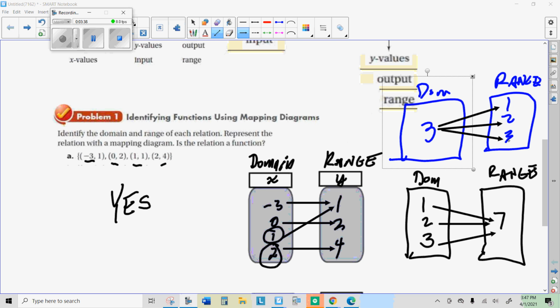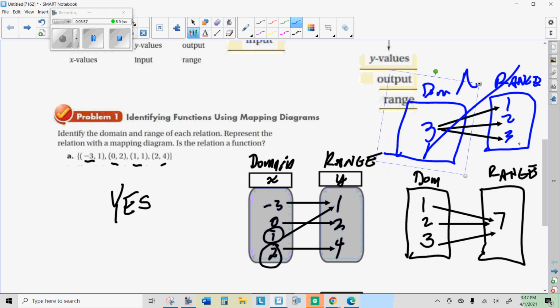Notice how with this drawing there are 3 different answers you get when you have an input of 3. If that happens, it's not a function because you can only have one output for each input. So this one is not a function, but the other 2 examples I gave you were functions.